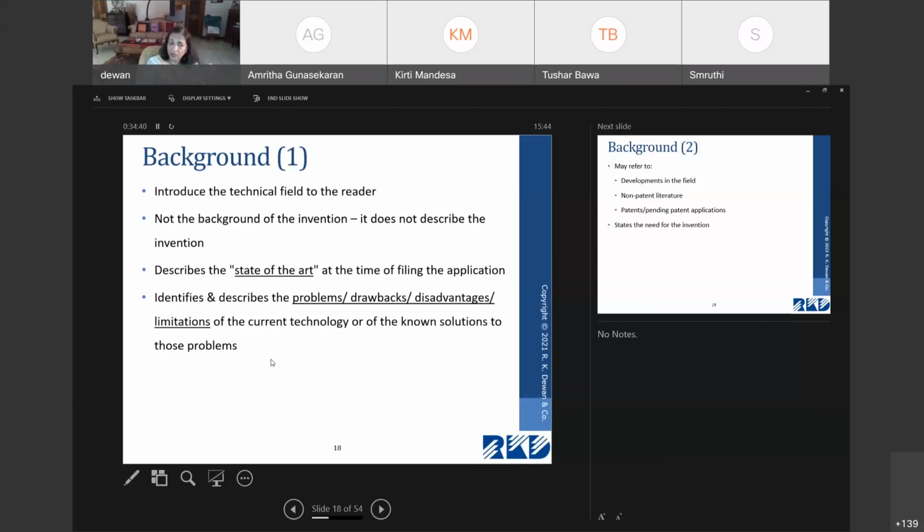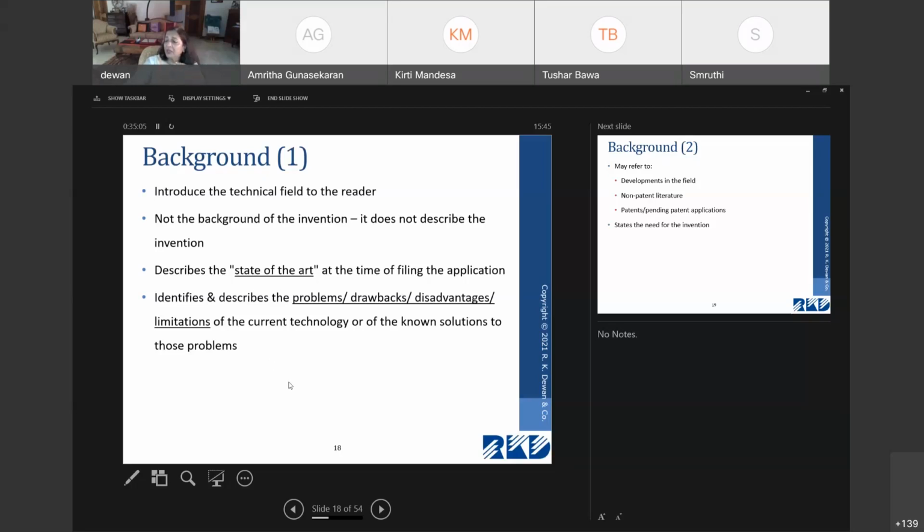But if you don't want to, then you can describe the general state of the art from your knowledge, and then talk about the problems, drawbacks, disadvantages, or limitations of that current technology. Or suppose some solution has been given, you can talk about the drawback of that solution also. Okay, that's where our background ends.